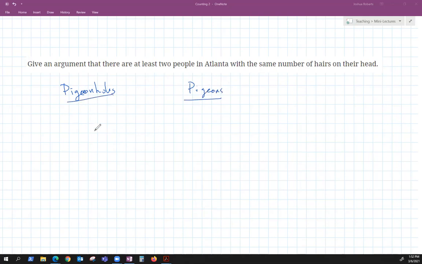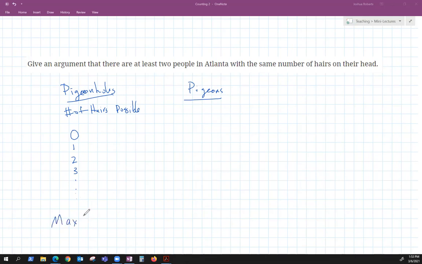Well, the pigeonholes are going to be the number of hairs possible. Well, we could have a bald person. We could have a person with only 1 hair on their head, or 2 hairs, or 3 hairs.